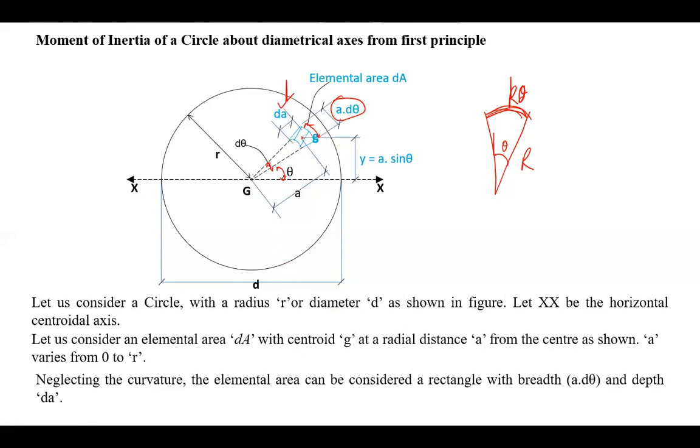Then y is equal to A sine theta, because if you consider this triangle, with hypotenuse A, sine theta is the opposite side y divided by the hypotenuse A. Therefore y is equal to A sine theta.